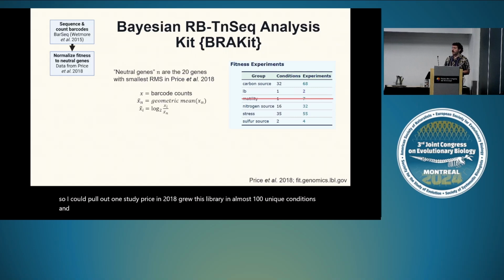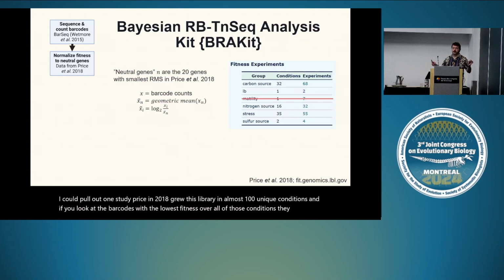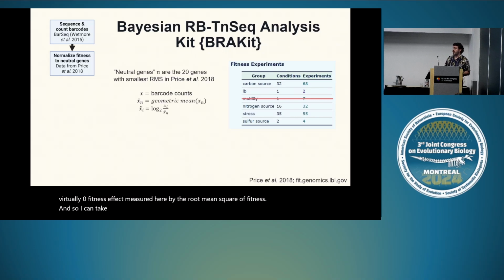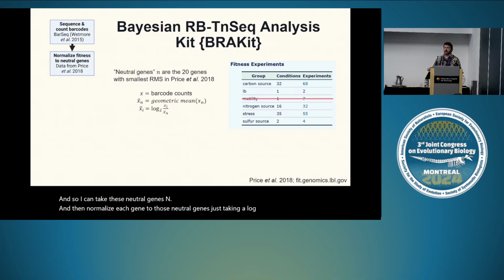If you look at the barcodes with the lowest fitness over all of those conditions, they have virtually zero fitness effect, measured here by the root mean square of fitness. And so I can take these neutral genes N and then normalize each gene to those neutral genes, just taking a log ratio of your gene barcode to your neutral barcode.